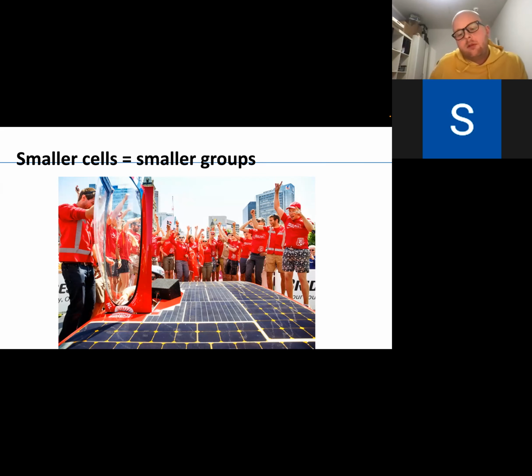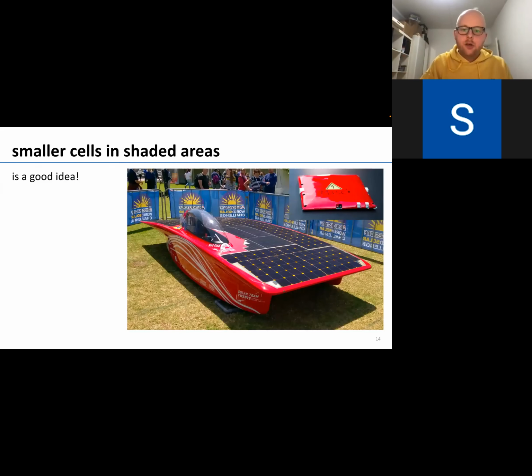Something else smart they did is they put big solar cells everywhere on the car, but they chose to cut the cells that are next to the canopy, so you have smaller groups next to the canopy. Therefore, it's easier to deal with the shadow effect of the canopy because you have smaller solar cell groups. This is the same car.